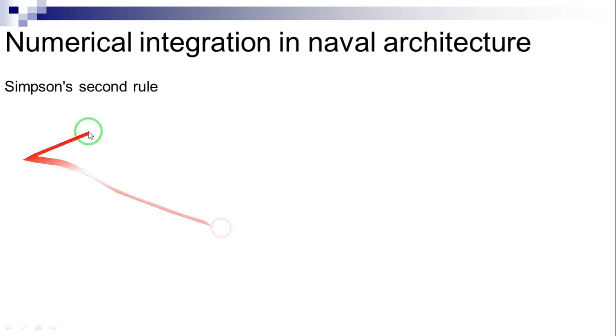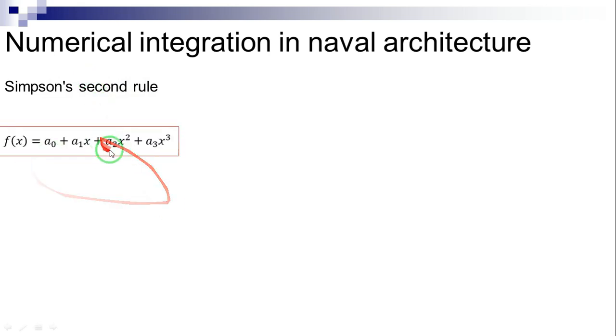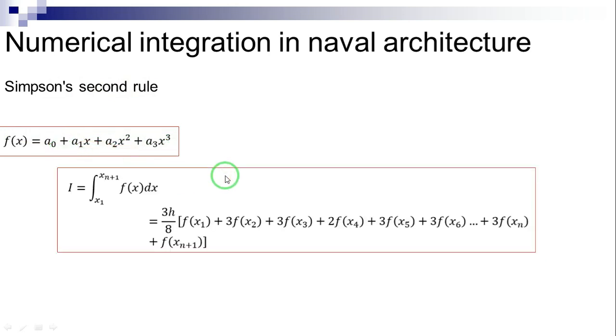Simpson's second rule. In this case, the function f(x) is approximated as a third order parabola or polynomial of degree 3 as follows. For an arbitrary number of subintervals, Simpson's second rule is written as shown here.